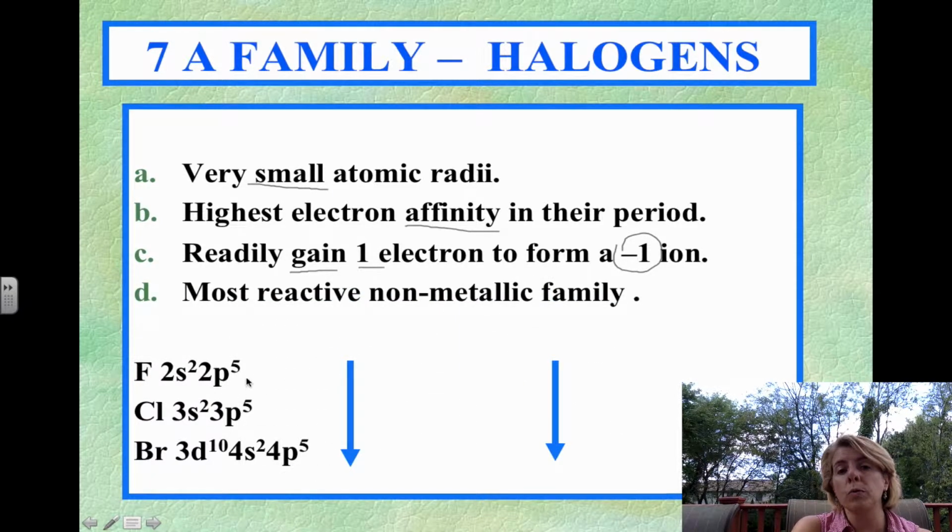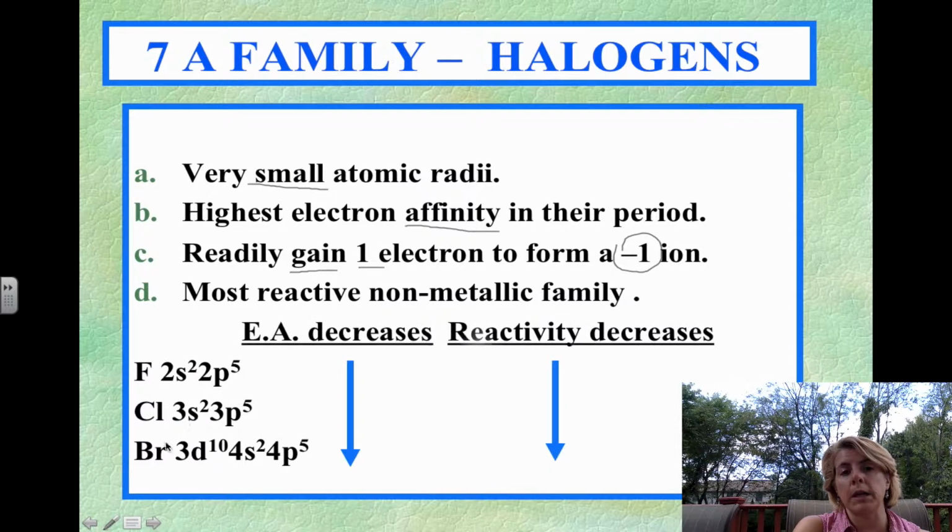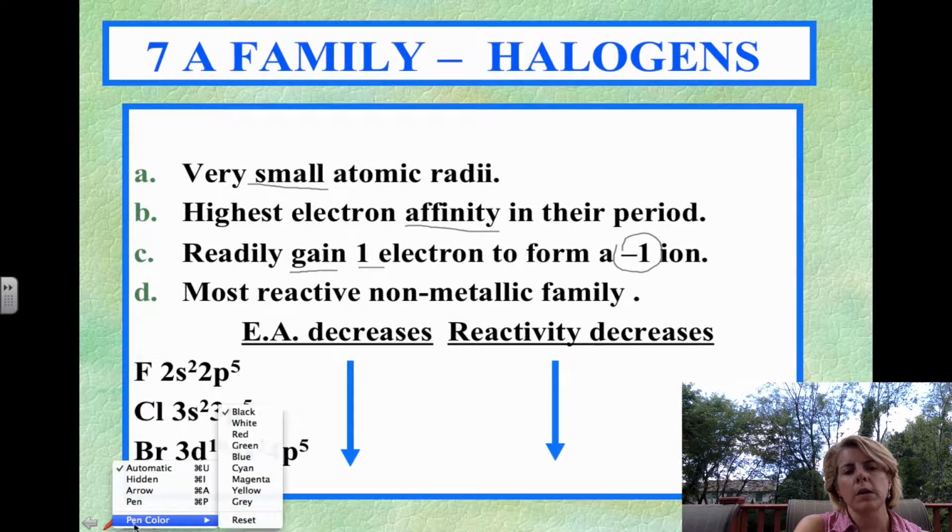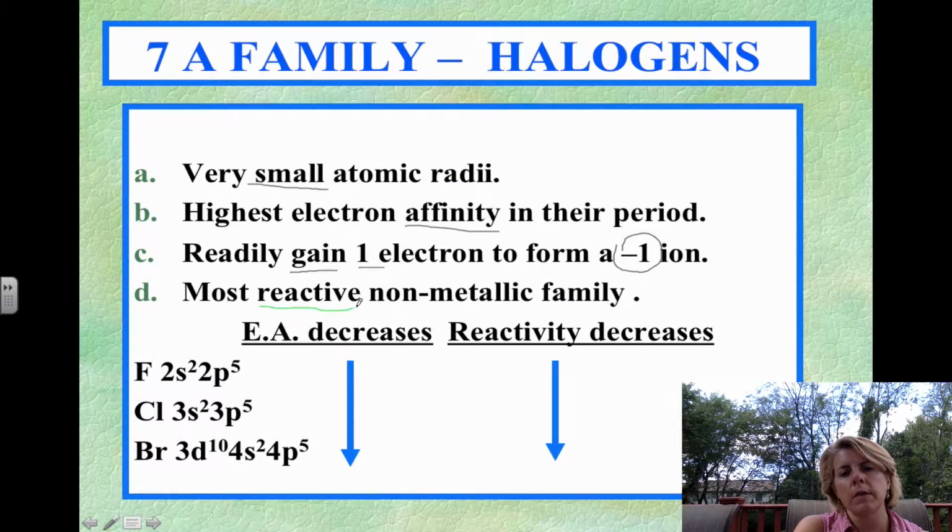They are the most reactive out of the non-metallic family. So when we're looking at a reactive non-metallic family, as electron affinity decreases, reactivity decreases. This is a little bit opposite of the alkali metals. If you want to get your hands on some fluorine or some chlorine, you're talking about a more reactive nonmetal.